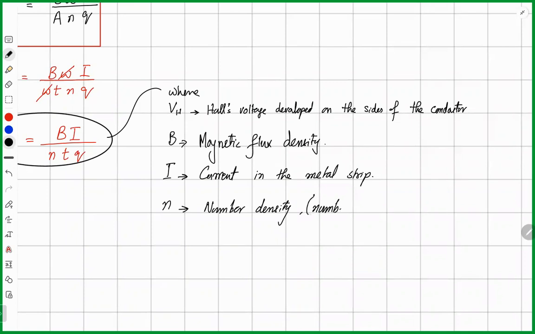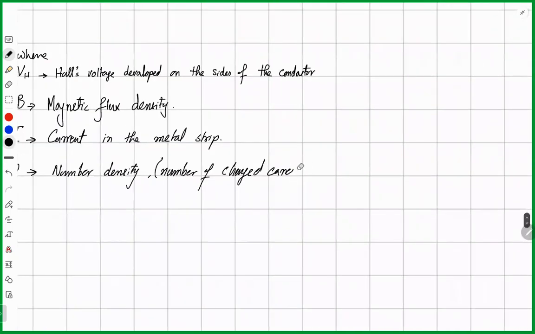That means number of charged carriers, free electrons, per unit volume.